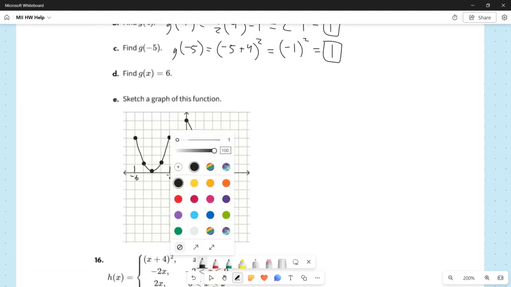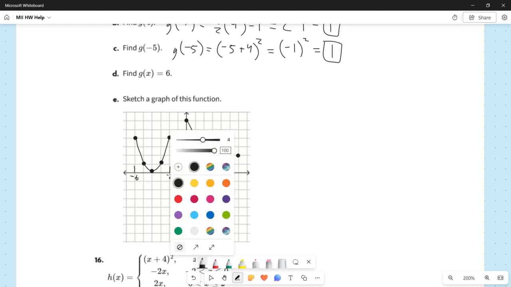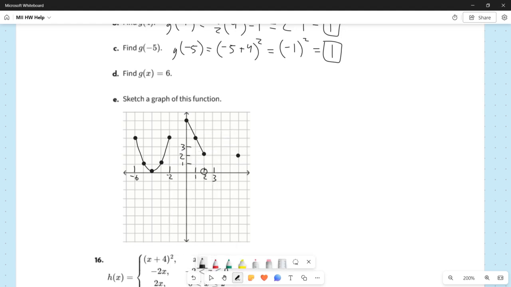3, 4, 5, 6, and so 2. So that's right there. So again, we plug in a 6, which is right there, and the result is a 2.